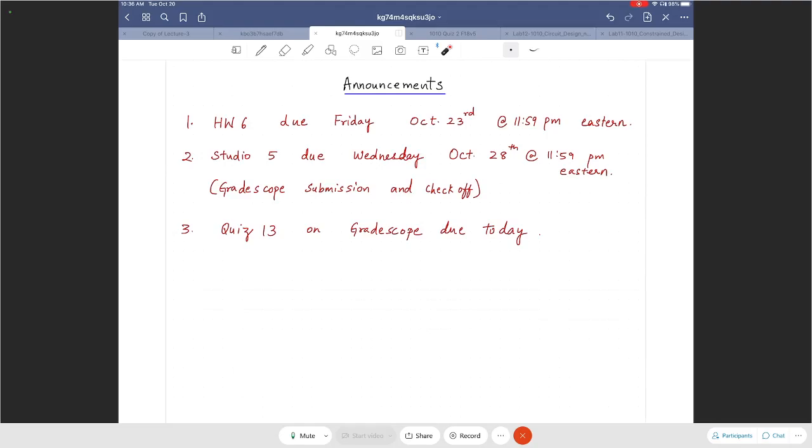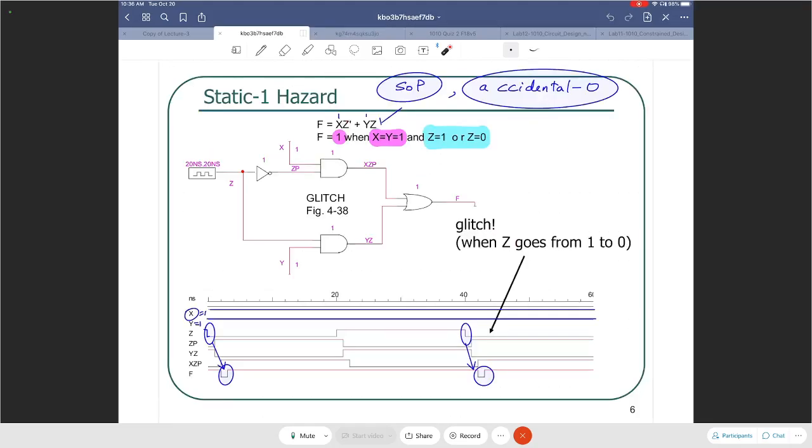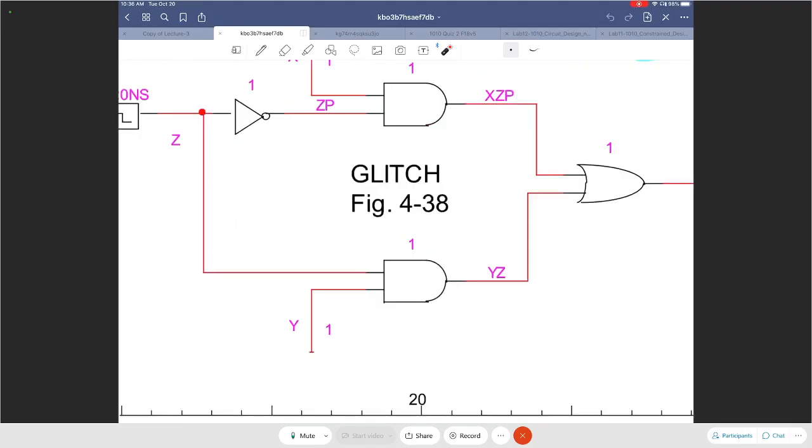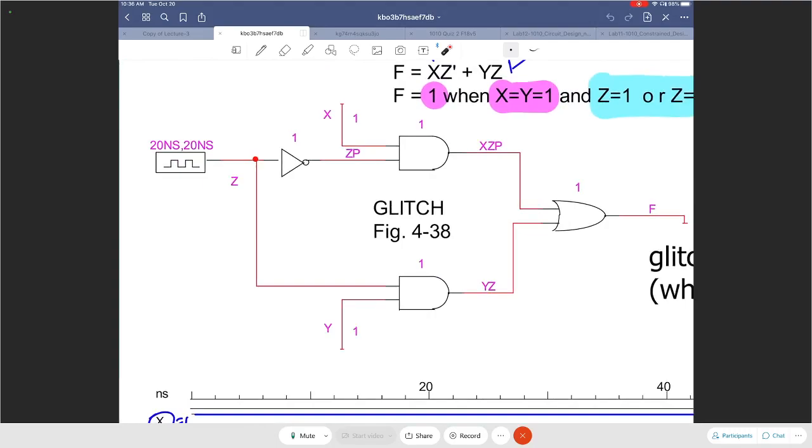There's another question, related to hazards, on the chat box, so let me answer that. Can you clarify what input change means? What I mean by that is any input that is changing, for example, Z, right? I'm changing Z and I'm monitoring F. I may have some expectation of F. F has to be 1 or F has to be 0. I may have certain expectation depending on the function that F should be this.